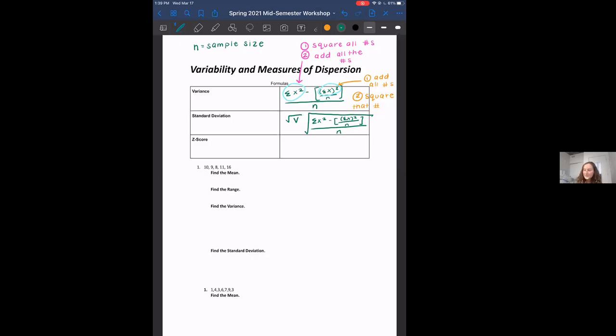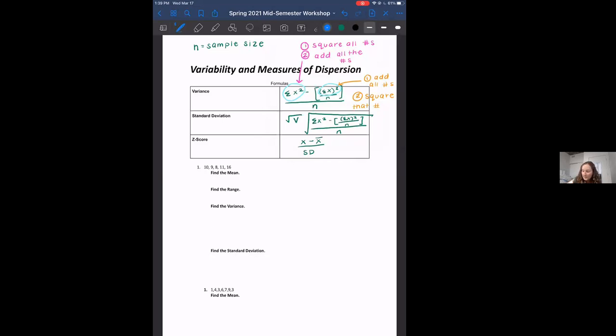All right, that's okay. The formula for the z-score is x minus x with the bar on top, divided by the standard deviation. So I'm going to put SD. Can anyone tell me what the x with the bar on top is?